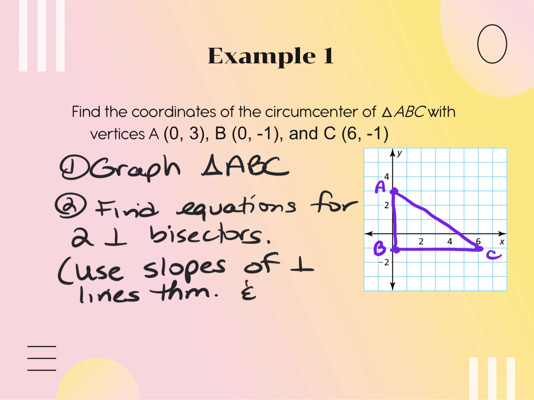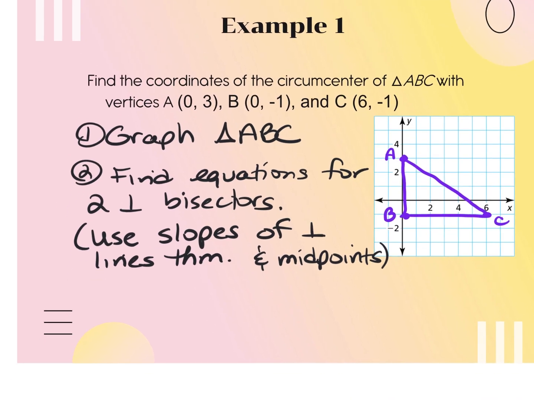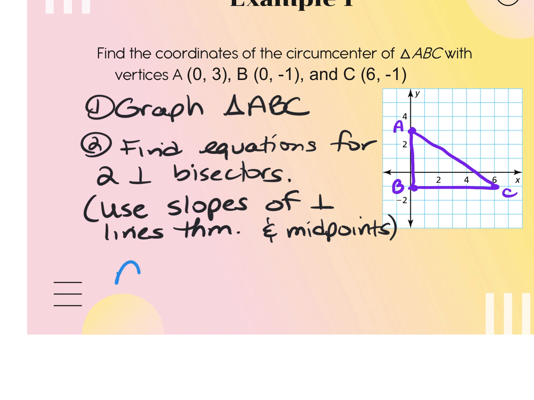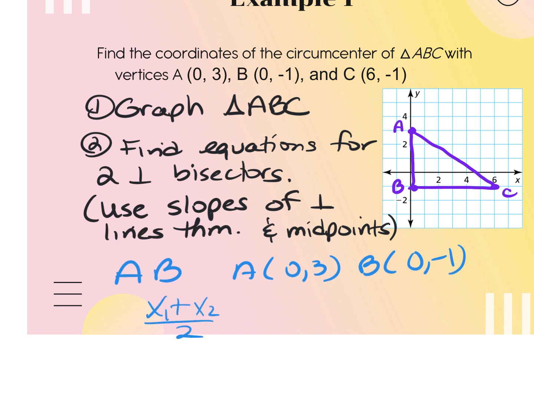And then we're also going to be finding the midpoints of the sides. And that formula is x1 plus x2 divided by 2, y1 plus y2 divided by 2. So the first thing I'm going to do is work on finding the midpoint of AB. The point for A was 0, 3. The point for B was the ordered pair 0, -1. So again, that midpoint formula, x1 plus x2 divided by 2.